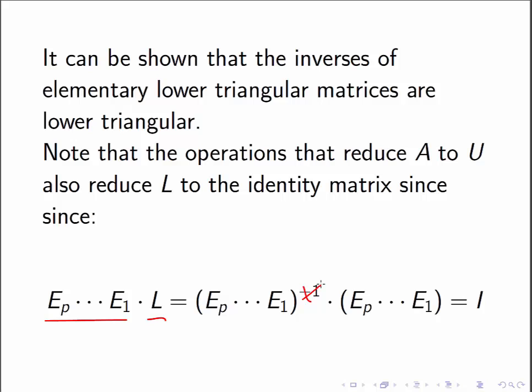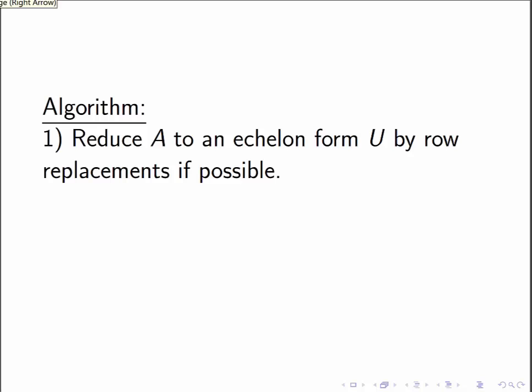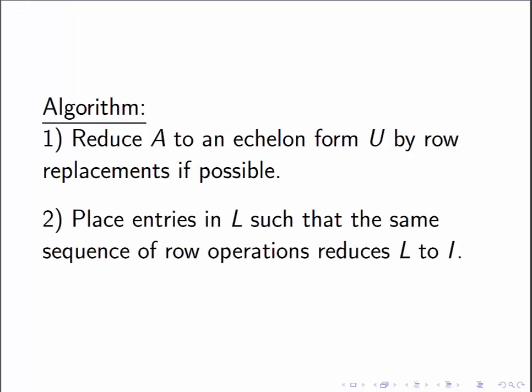We had decided that L was the inverse of all of these row operations, so that's the way that it should look. So if I do all of these row operations, then I'm multiplying a matrix by its inverse, and that will give me the identity. Okay, so the algorithm is that we will reduce A to its echelon form U by row replacements, and while we're doing that, we will place entries in L so that all of the row reduction will reduce L to the identity.